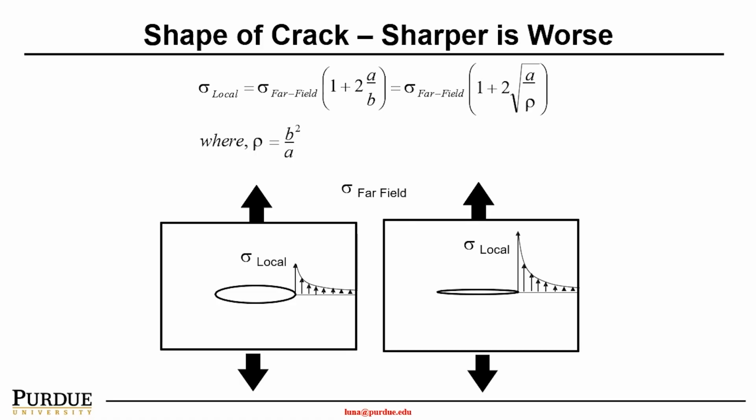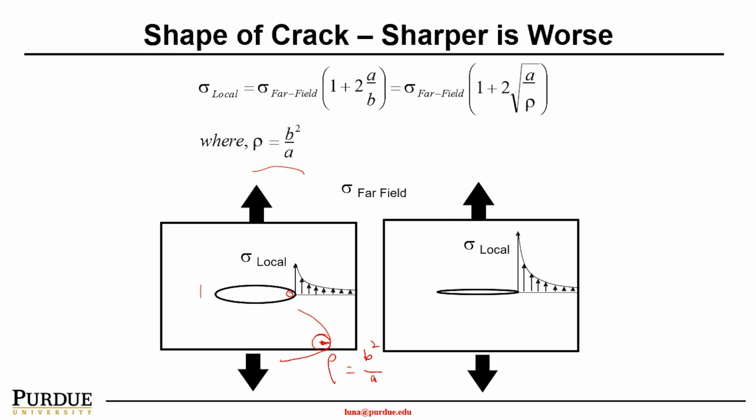In this case, the geometry of the crack is very important. The sharper the crack, the worse, right? So the radius of the crack tip matters. If you blow up the tip, the radius of curvature of the crack is rho, and rho is equal to b squared divided by a.